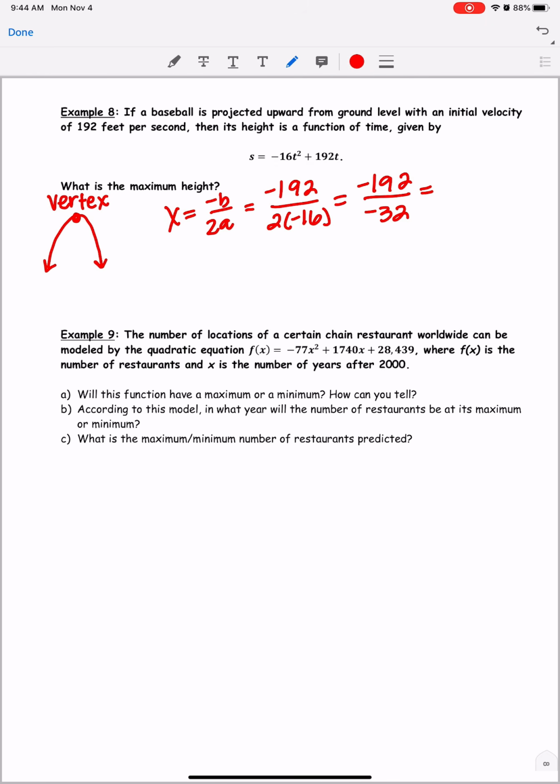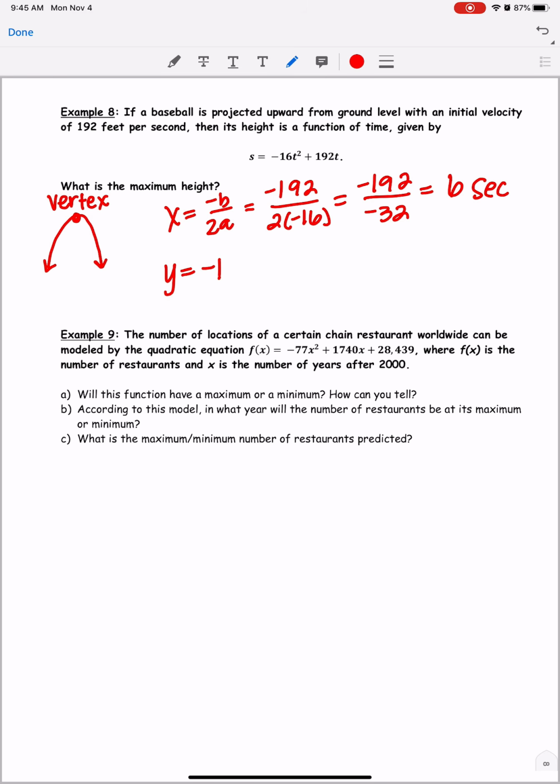And this is going to equal 6. So what we have just found is the time. We are in seconds here. So in 6 seconds, the ball is going to reach its maximum height. So what is that maximum height? Plug that in to get it. So I've got y equals, you're plugging in your 6 into both of these variables.